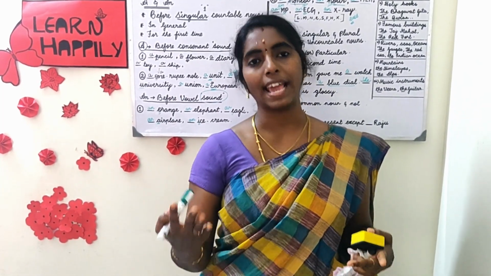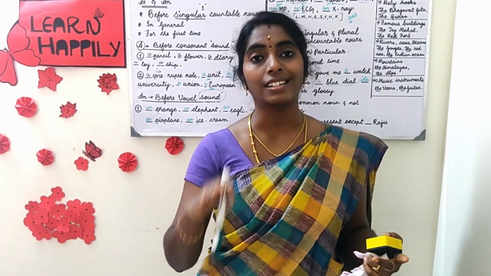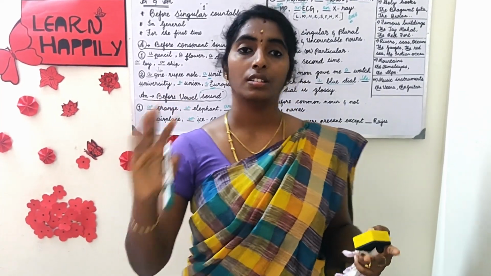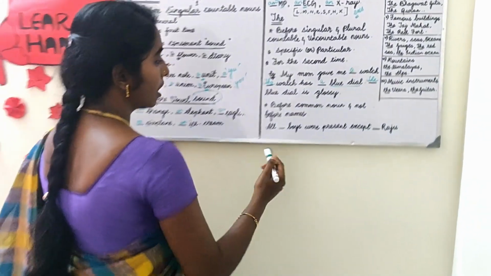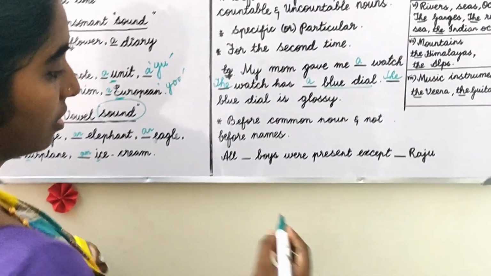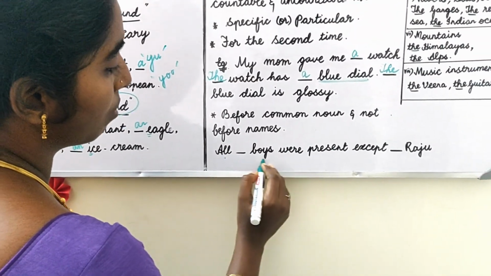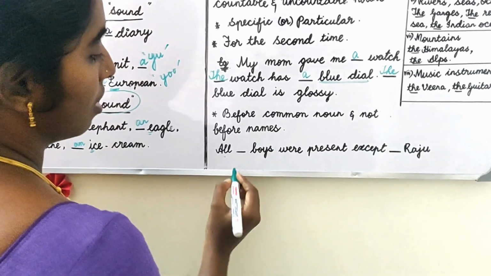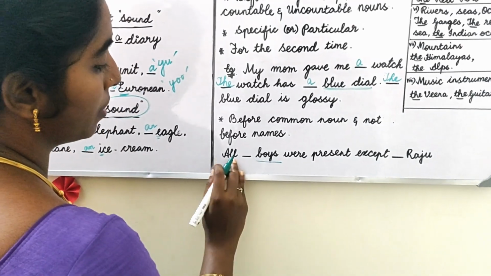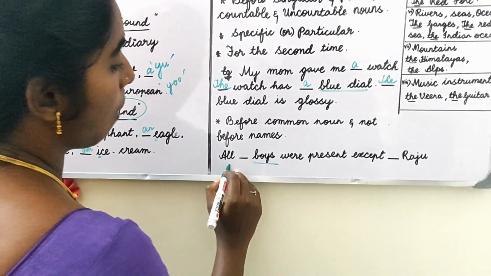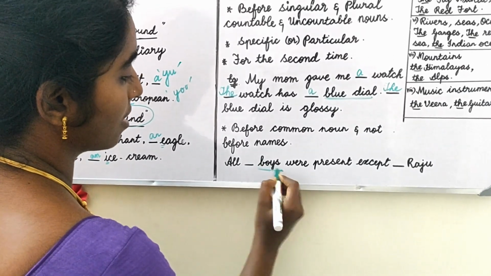Okay, suppose you are saying the name of a particular person, then you should not use the article. See, the example I have given here is: all boys were present. Many will not be using any article here. All the boys, it's a common noun.